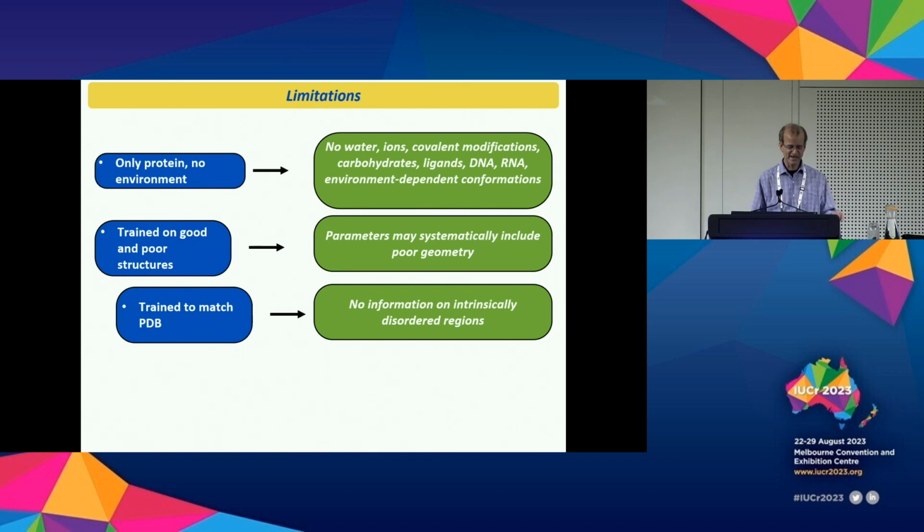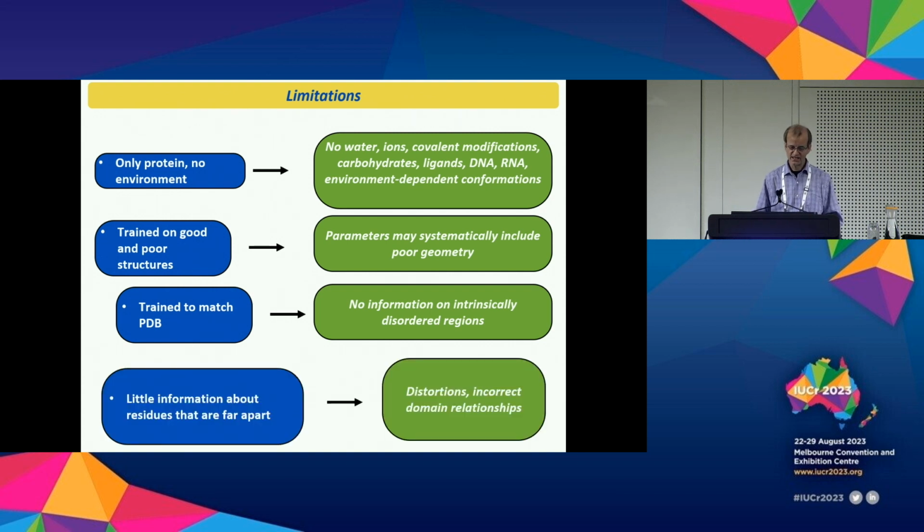That would be the best possible answer that AlphaFold could come up with. And so anything that's not going to get deposited in the PDB, like intrinsically distorted regions or something like that, you're not going to get any information about that. Okay. And as I mentioned, there's little information about residues that are far apart, so you get distortions and incorrect domain relationships can happen easily.